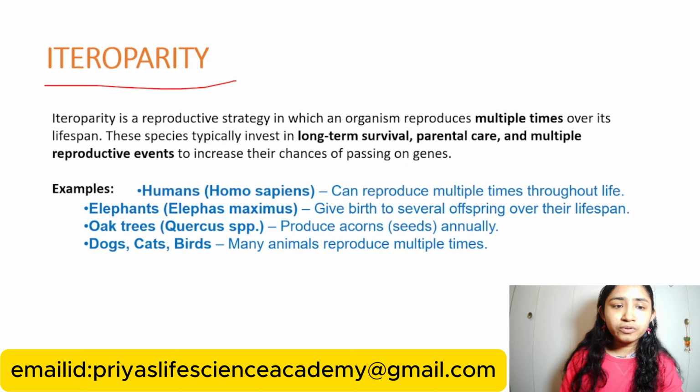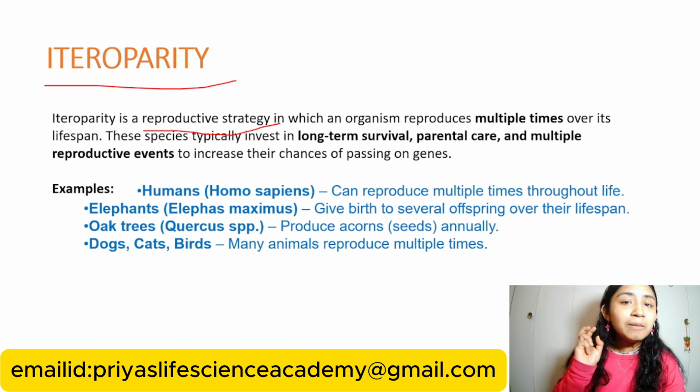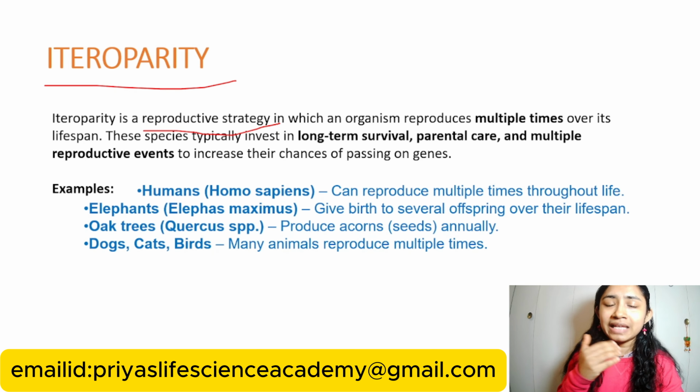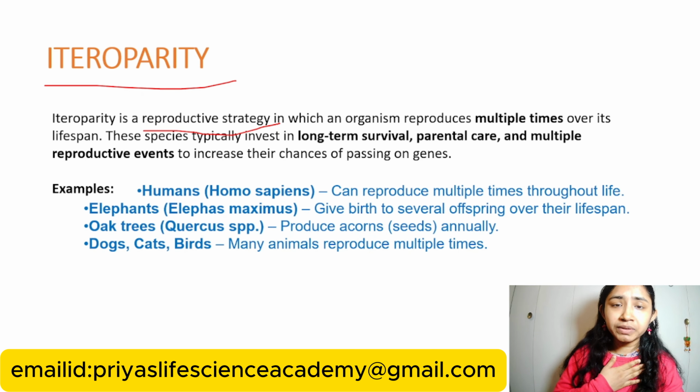Iteroparity is a reproductive strategy in which an organism reproduces multiple times over its lifespan. It is a type of reproductive strategy where an organism has a chance to reproduce multiple times over its lifespan. Like us, we humans have multiple chances to reproduce in our lifespan.